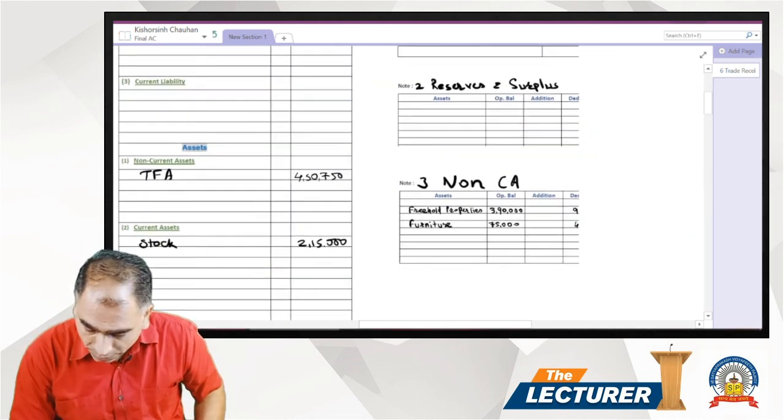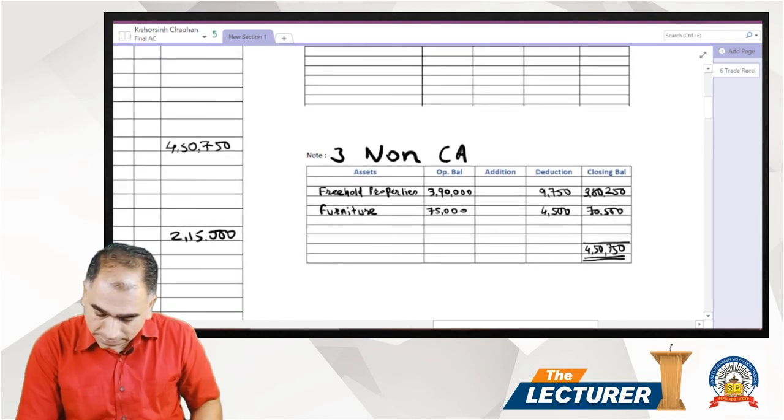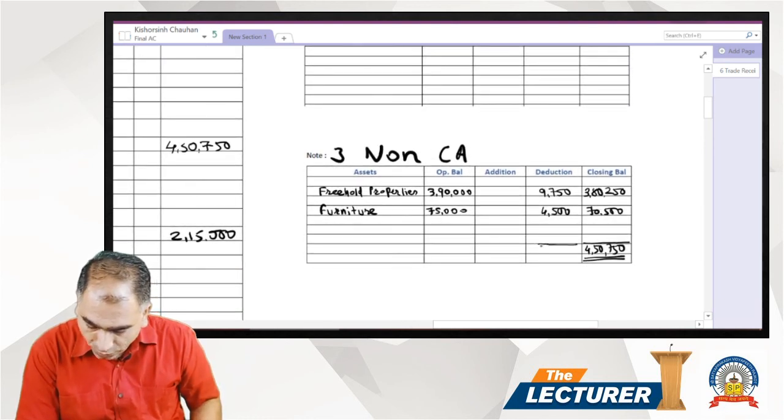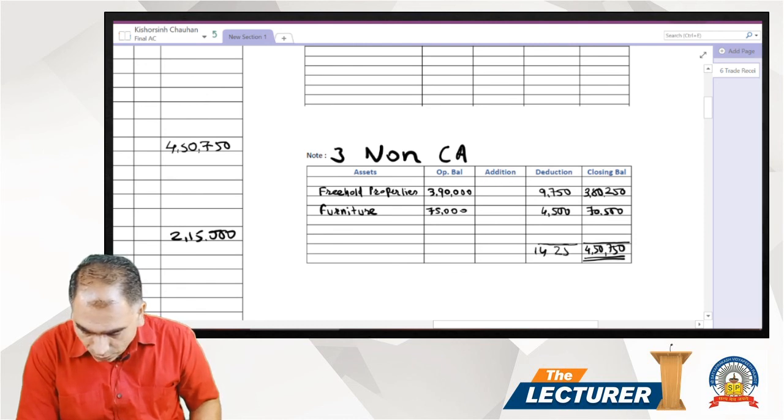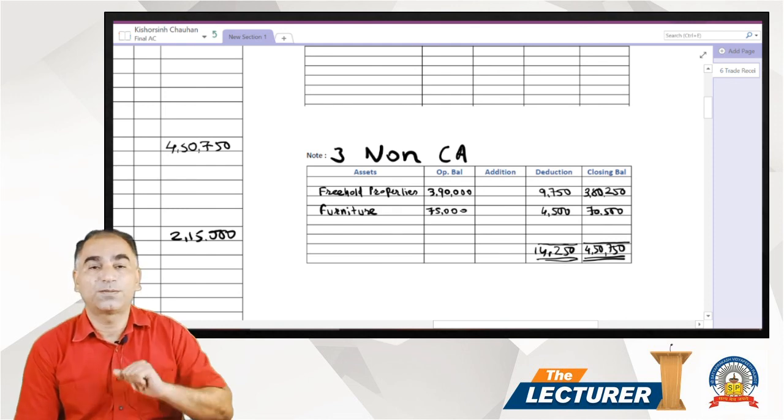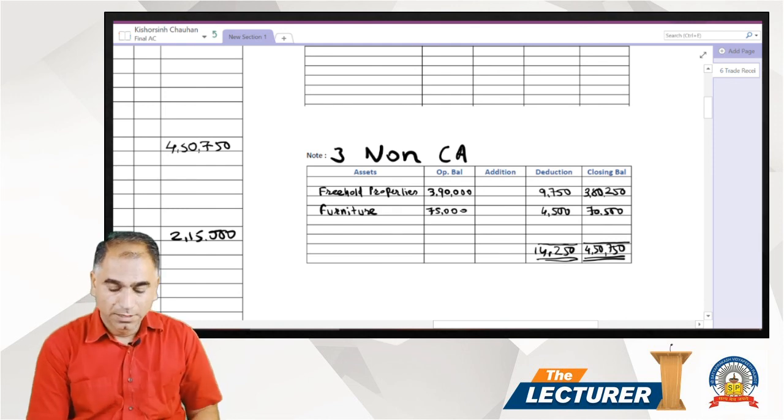And this is current year depreciation total. This is 14,250. Current year depreciation is an expense for the year, so we have to charge to profit and loss account.